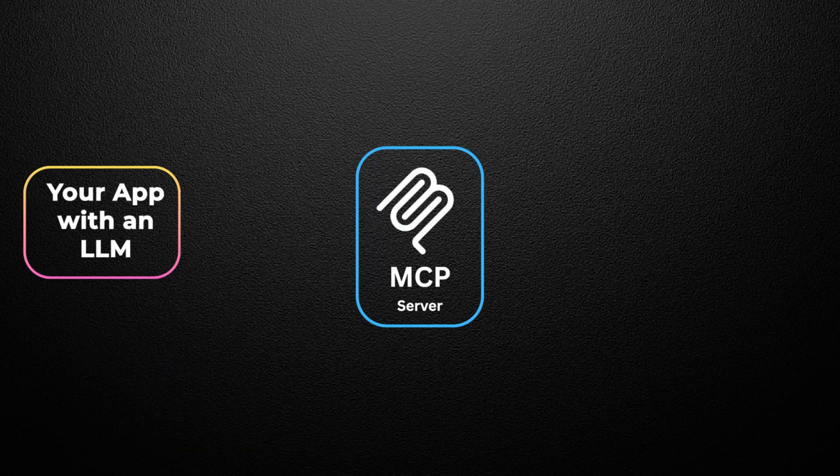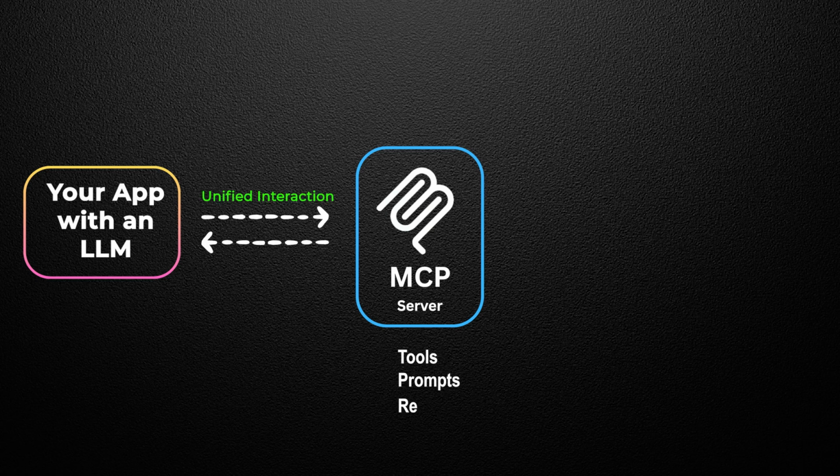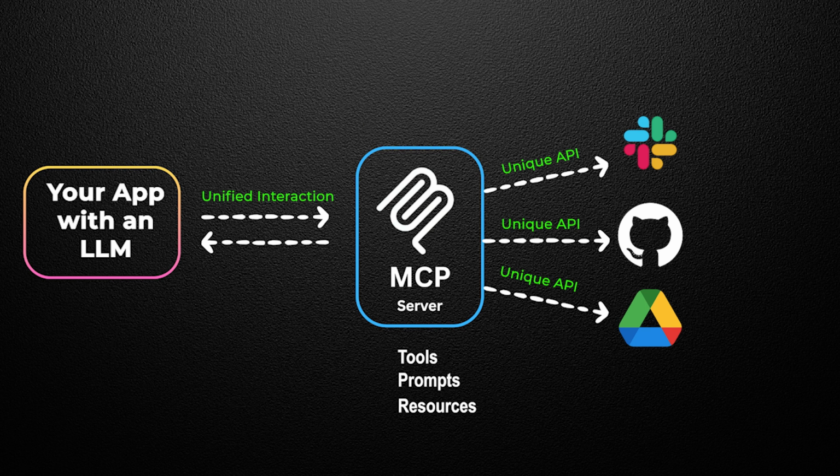Think of it like starting a small adapter that speaks MCP and exposes a set of typed tools like list, query, etc. while the server itself talks to the vendor's REST or software development kit under the hood, your app never calls the vendor SDK directly. It talks to the MCP server, which then calls the API.